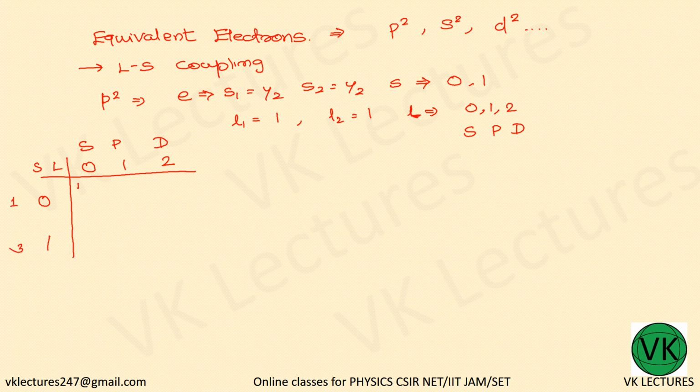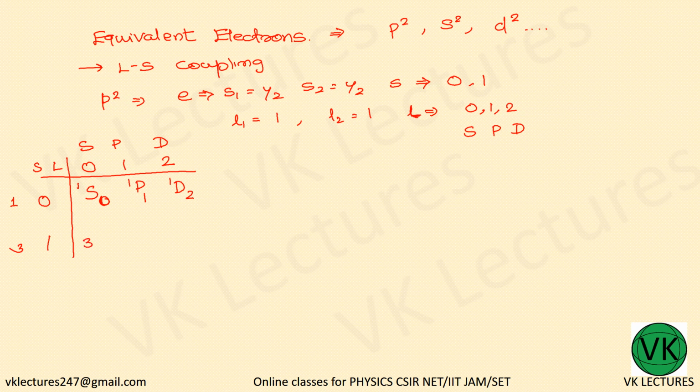So for the singlet, the L is S, which is 0, and here you will have 1P1, and here 1D2, and for the triplet state we will write like this.